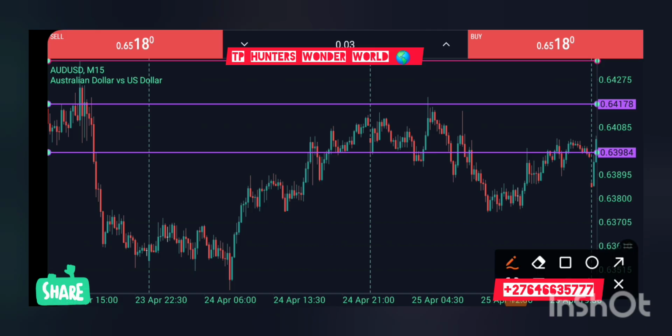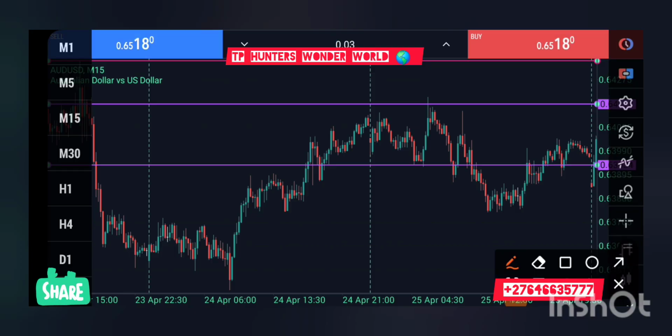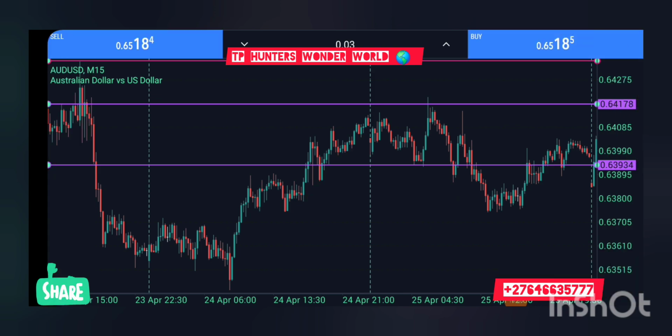If you can check, price was going up, or the market structure was bullish.